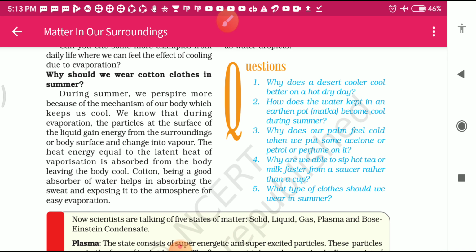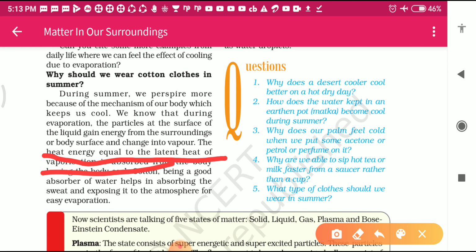The heat energy equal to the latent heat of vaporization is absorbed from the body, leaving the body cool. Same thing, students, here it is written: heat energy equal to the latent heat of vaporization.